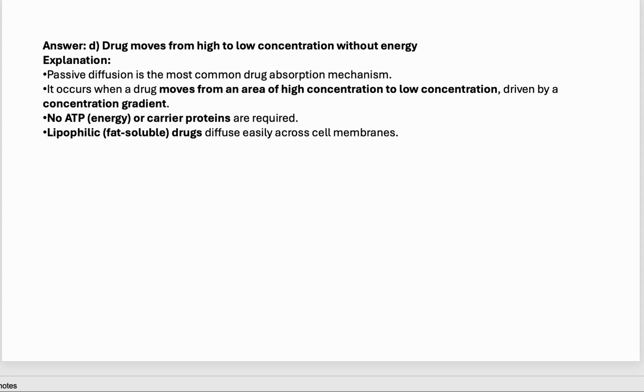So when a drug gets administered to the body, it moves from an area of higher concentration to lower concentration, and there is no energy required or carrier proteins. And lipophilic fat soluble drugs easily diffuse across the membrane, because our membrane is mostly lipophilic.